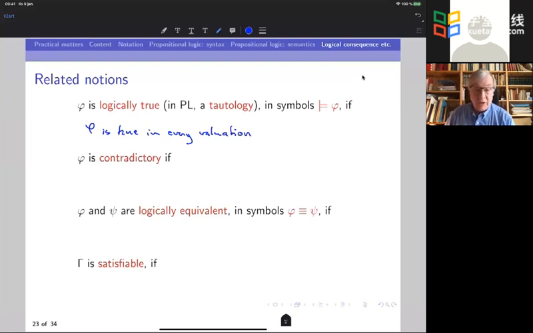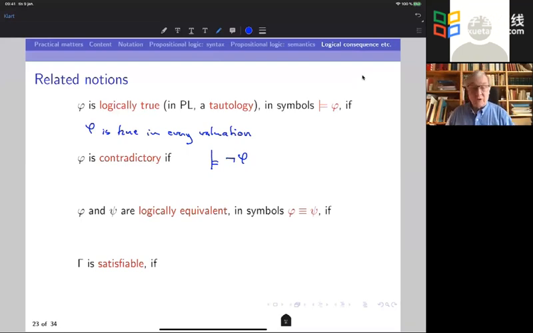We don't have a symbol for that, but we don't need one, because to say that phi is false in every valuation is the same as saying that not phi is true in every valuation, which is the same as saying that not phi is a tautology. So we can here just write, okay?